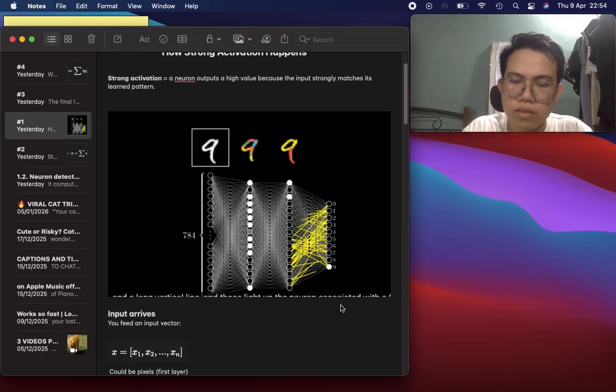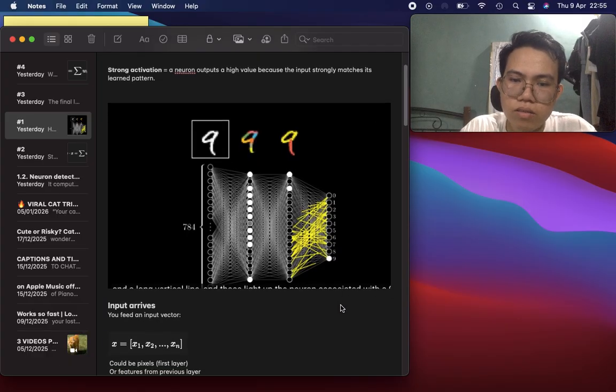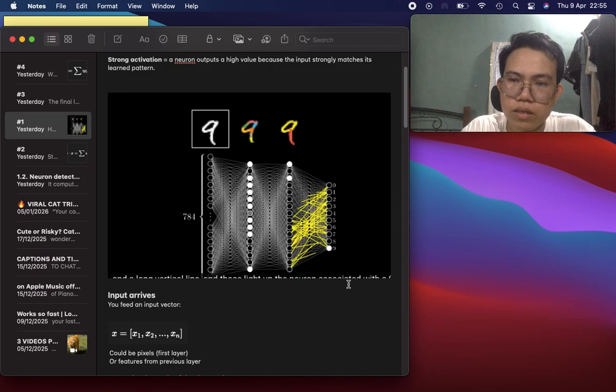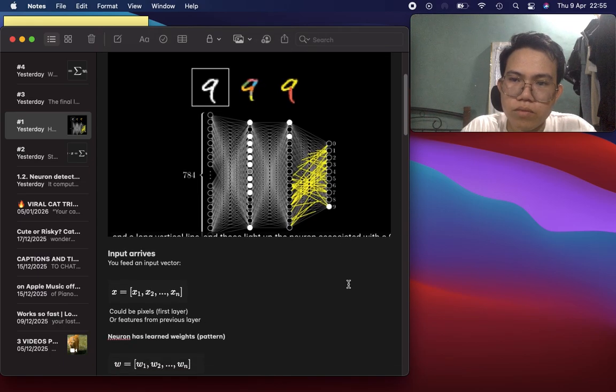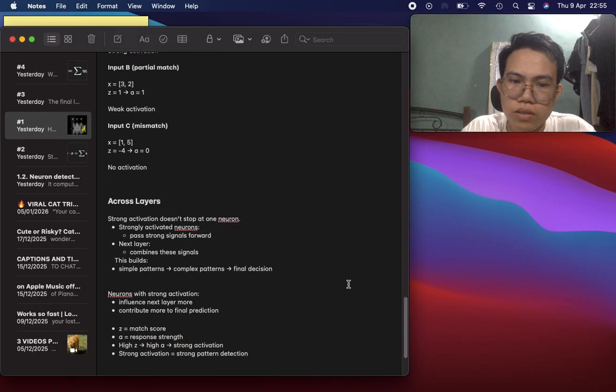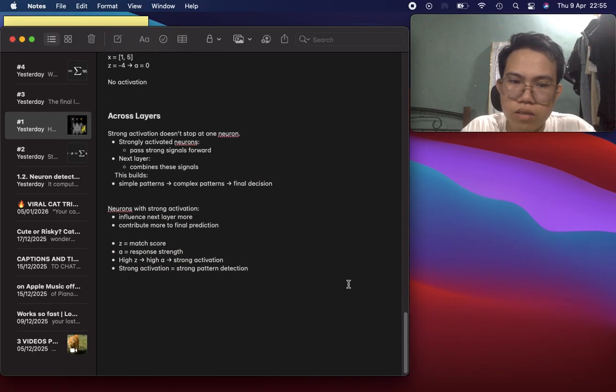That's why it produced the 9. Those have the tiny scores here that are relatively small. Those scores are called logits, and those logits will be converted into percentage probability using the softmax.